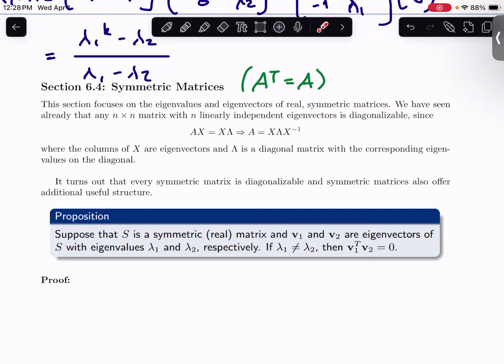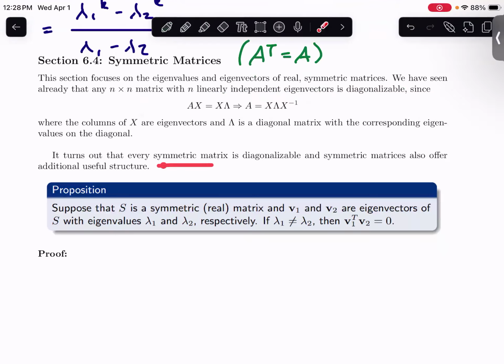We've seen before that any n by n matrix with n linearly independent eigenvectors is going to be diagonalizable, so we have the following equation here. It turns out that every symmetric matrix is diagonalizable, and that these symmetric matrices are also going to have nice additional structure as well.